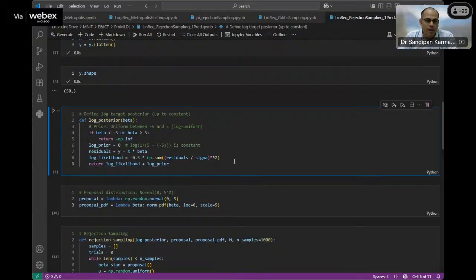True beta value is 2.5. Then we take log prior as 0. Then we calculate the residuals, y minus x multiplied by beta, if beta is inside minus 5 to 5. Then I calculate the log likelihood, and return log likelihood plus log prior, which gives the log posterior.